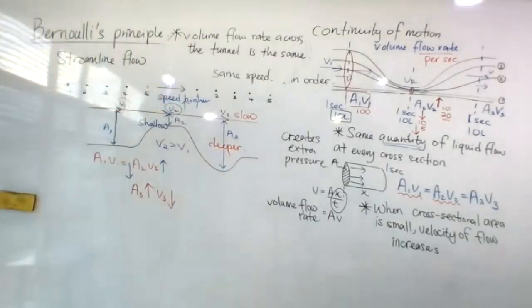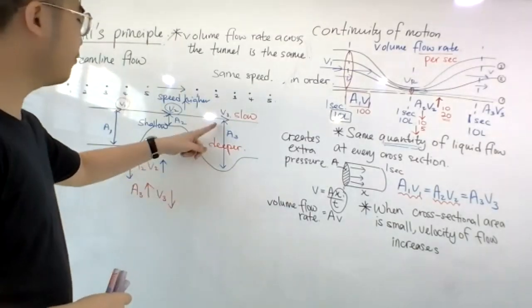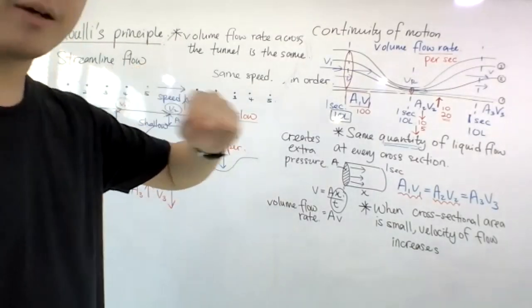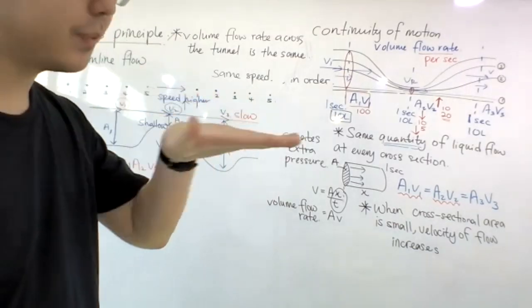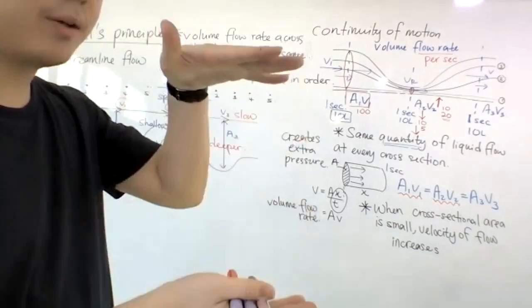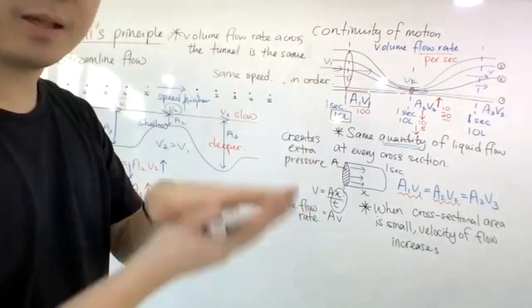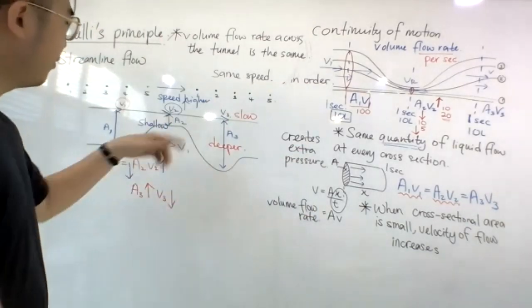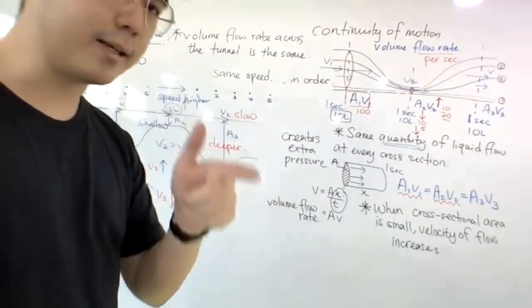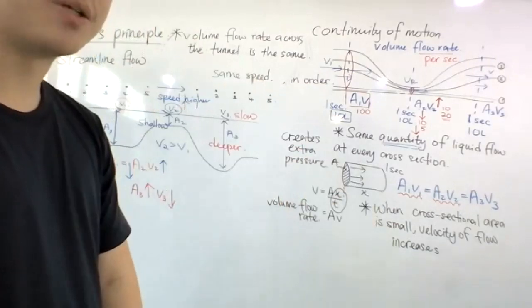Like this. Okay, so that means if you see the river water flow very slow, very calm, that means the depth is very huge. It is very deep. If the water flows very fast, then you know that that is a shallower region.